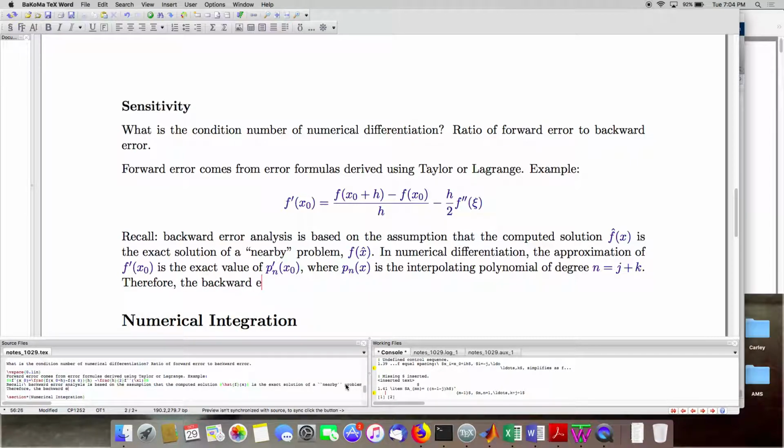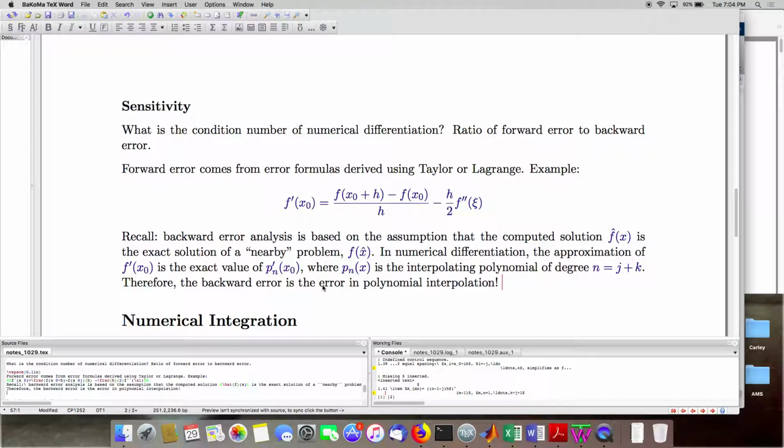The backward error is the error in polynomial interpolation, because if you think of f of x as our input, the function we're trying to take a derivative of, well, backward error is the exact input minus the approximate input. The approximate input is the interpolating polynomial. So the difference between the two is the backward error.